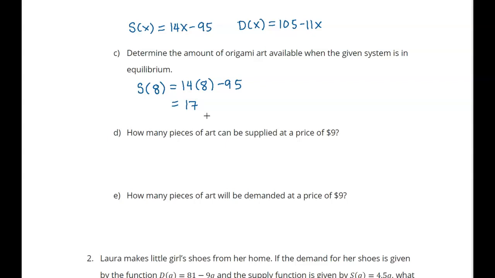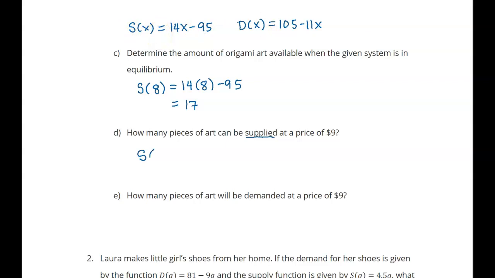Next, we want to determine how many pieces of art can be supplied at the price of $9. So since we want to know the number of pieces that can be supplied, that means we are going to evaluate the supply function S at x is equal to 9.